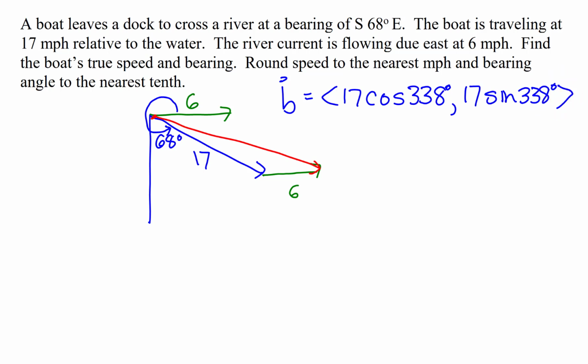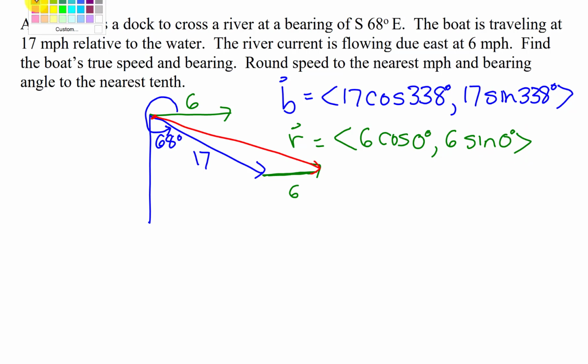Okay, so now let's go ahead and express a vector for the river. The river vector will be 6 cosine, well, this one is right along the positive direction of the x-axis, so that's just going to be 0, and then 6 sine of 0. Now to get our red vector, or our resultant vector, we need to add those two together.